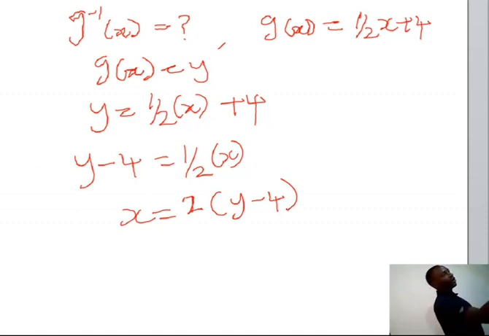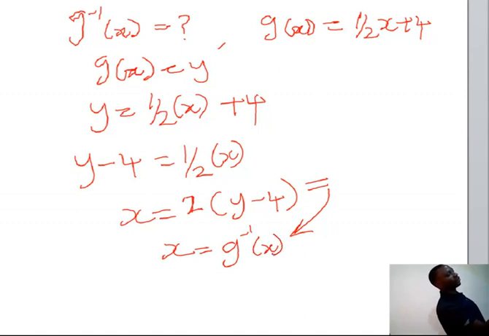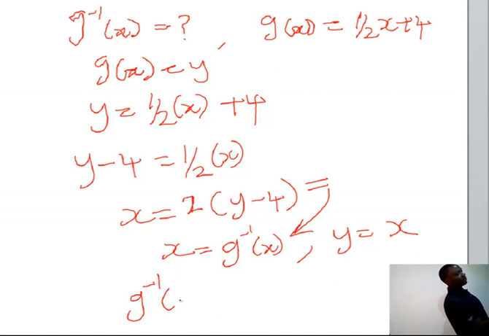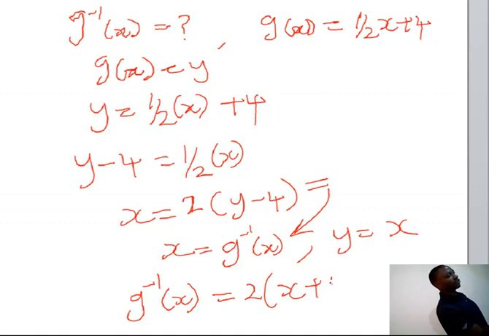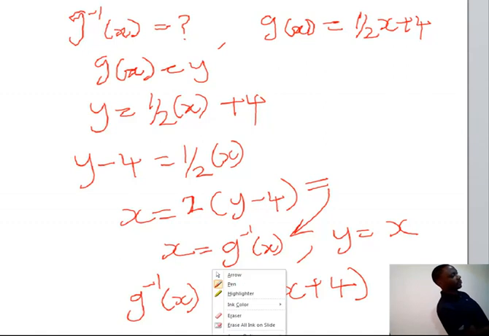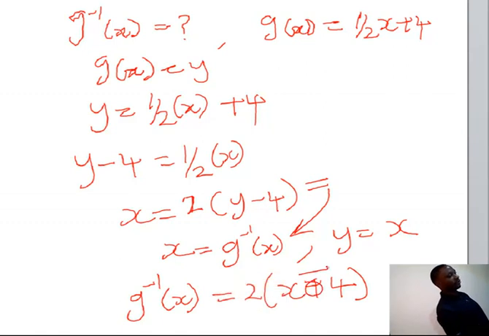Now, recall that I said the other time, if you are going to do this, in order to get the inverse function, wherever you see x, you represent it with the inverse of the function we are looking for, and wherever you see y, you represent it with x. So putting this into the expression we got earlier, we are going to have g inverse equals 2 into x minus 4.